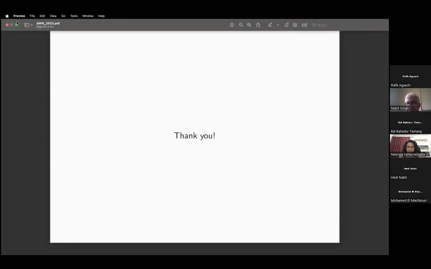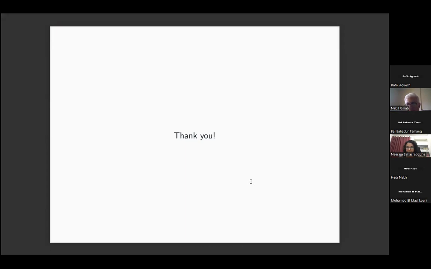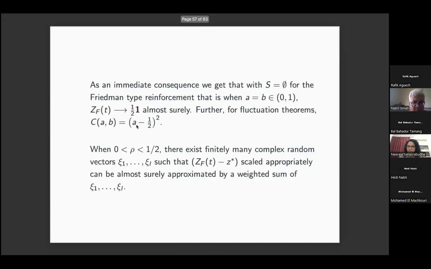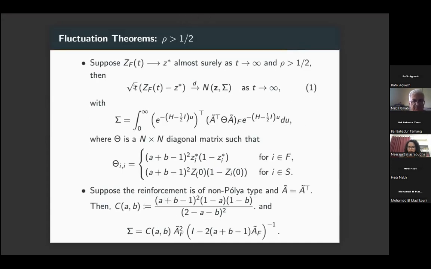First, thank you very much for this very nice talk. I have a question about the central limit theorem, the asymptotic normality you get. Do you know something about the rate of convergence in such results? So what do you mean by rate of convergence? Because scaling gives you some sort of rate, right? I mean, this root t.